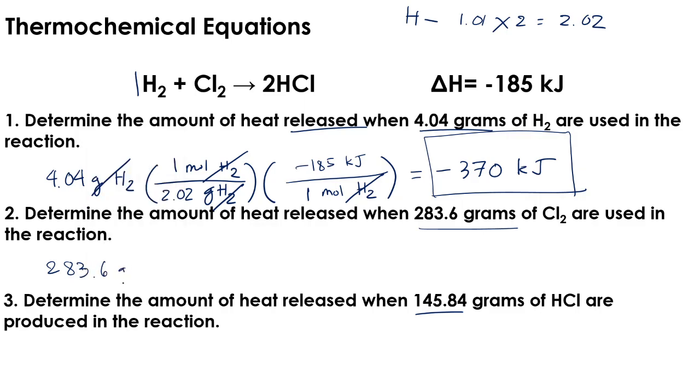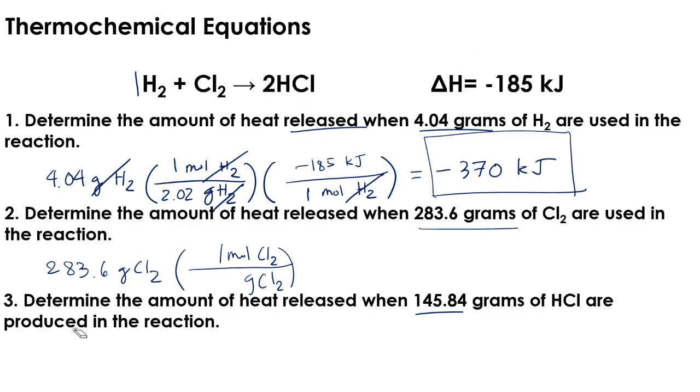So we have 283.6 grams of Cl2. Again, the first thing is to convert to the number of moles. Grams of Cl2 to moles of Cl2. 1 mole of Cl2 is how many grams? So let's determine again the molar mass of Cl2.